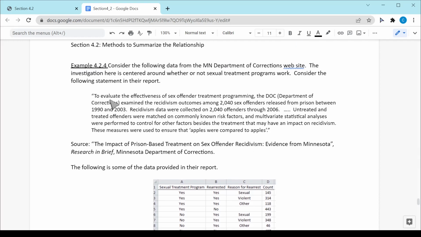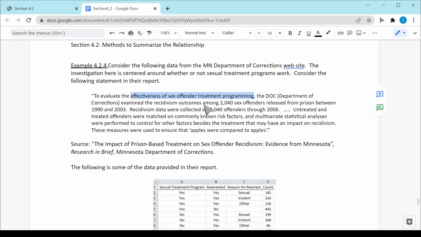And what they did is they wanted to evaluate the effectiveness of sex offender treatment programs within the Minnesota Department of Corrections. So somebody was a sex offender, we put them in jail or in prison. They had programs for them to try to prevent them from committing another sex crime if they were to get out. So they wanted to look at the effectiveness of these programs.